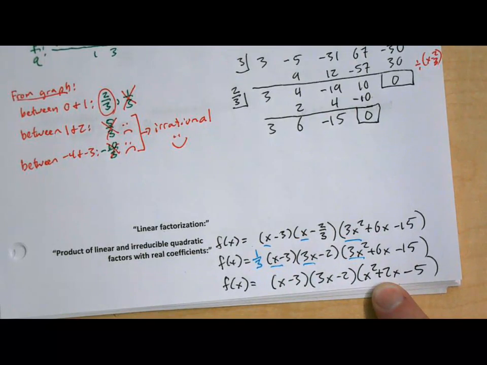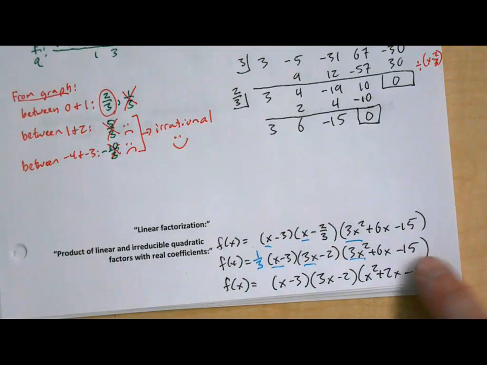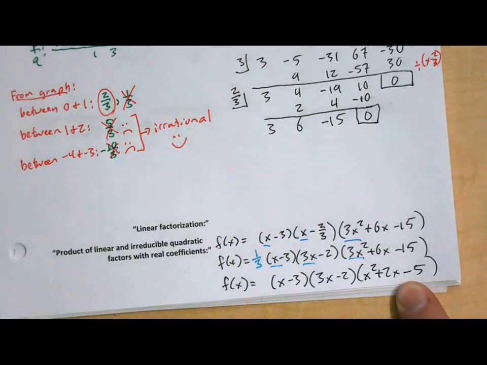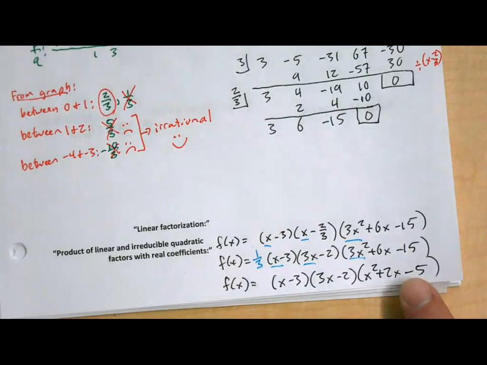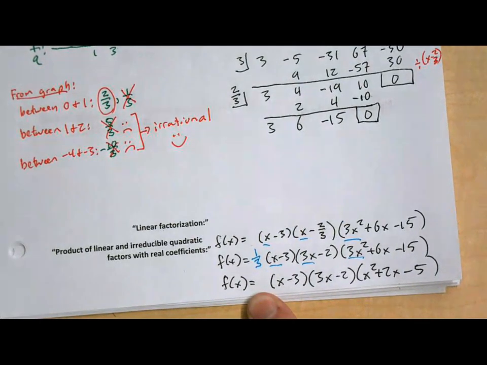So I just divided each of these coefficients by 3. That's not going to change zeros. All I'm doing is shrinking this thing. And I would not need anything out front here, I don't think. Right.